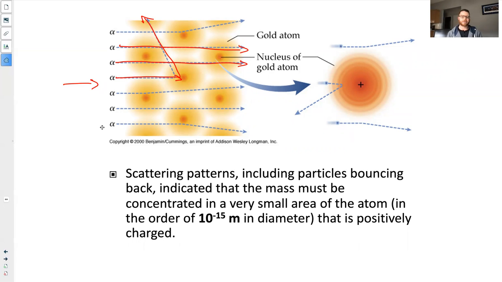So after observing these patterns, including the particles bouncing back, this indicated that the mass of the positively charged area must be concentrated in a very small area of the atom, which is positively charged. So this is called the nucleus.